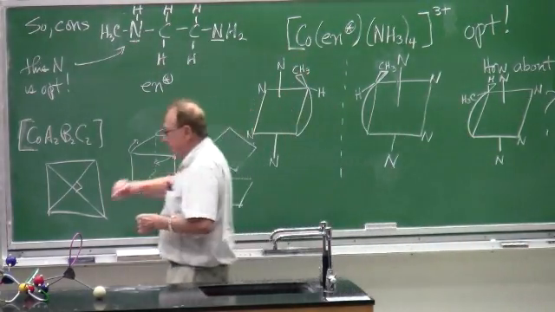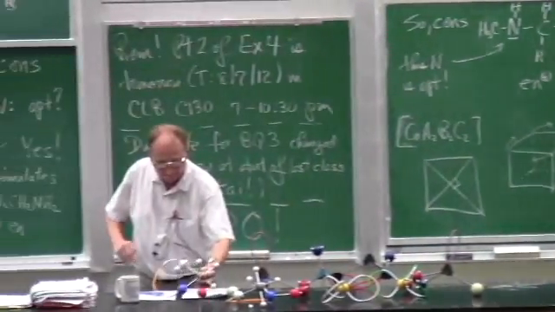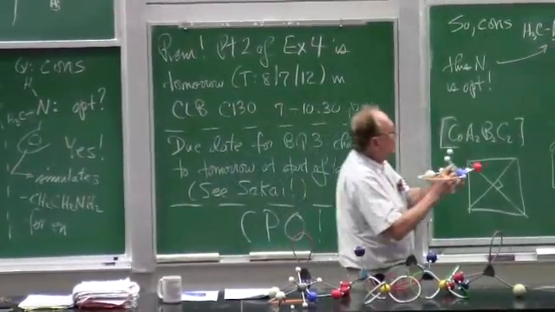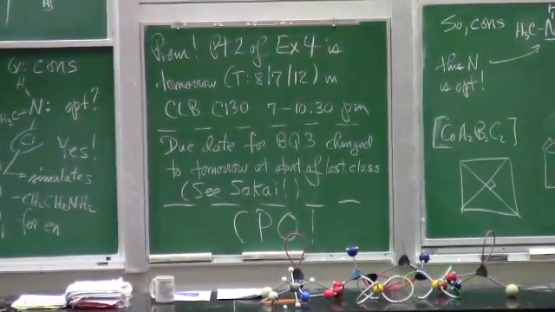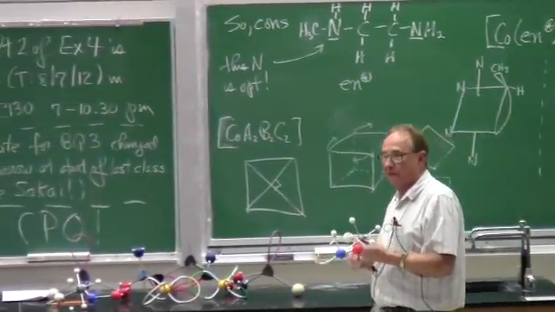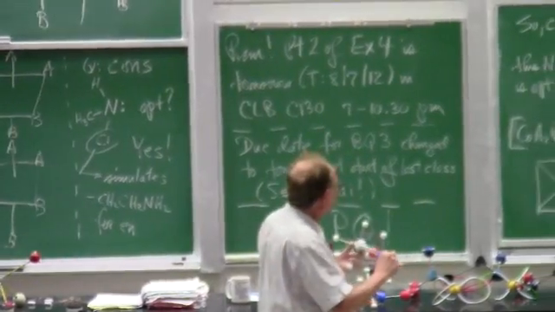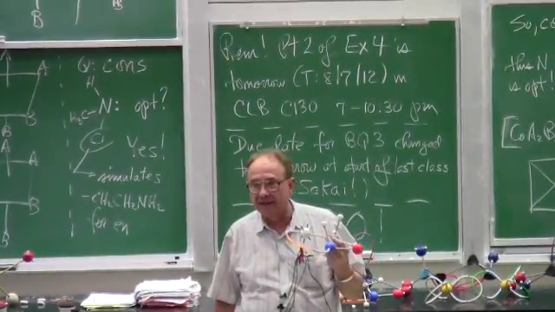So let's go back to this last complex that we want to look at, of this general composition. Now we've got four like ligands, all ammonia molecules, or whatever you want them to be, as long as they're identical. And one chelating ligand.